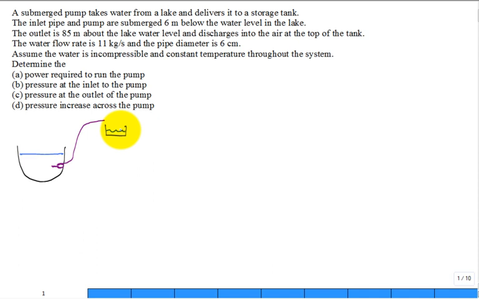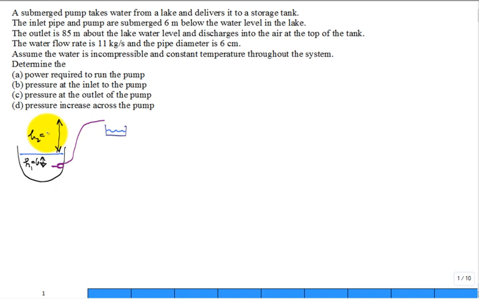The inlet pipe and the pump are submerged 6 meters below the water level. So this distance right here is 6 meters, H1 of 6 meters. And the outlet is 85 meters above the lake level or water level. So this is the outlet.